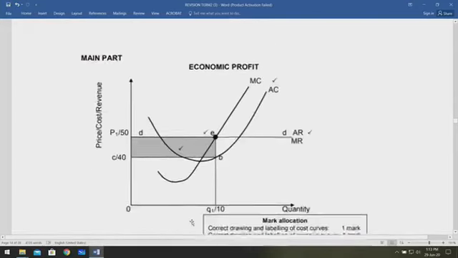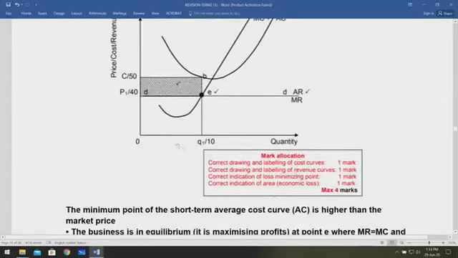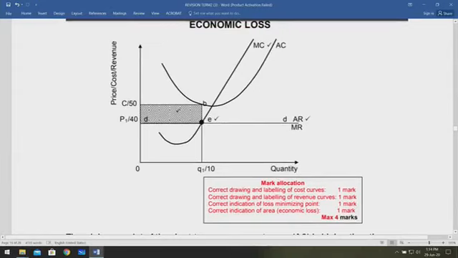The same thing when you're discussing economic loss. Once again, you're drawing the graph, you're talking a maximum of 4 marks. Please note, this is the one where students also get it wrong. Your output is where your equilibrium point is. And it is from that point that you draw the line up to the AC curve and across to get your cost. Okay?